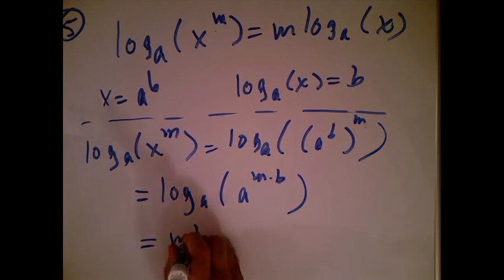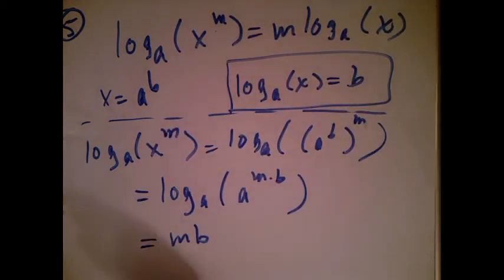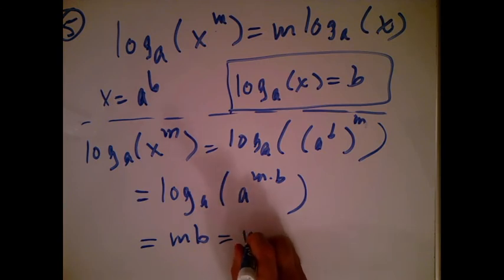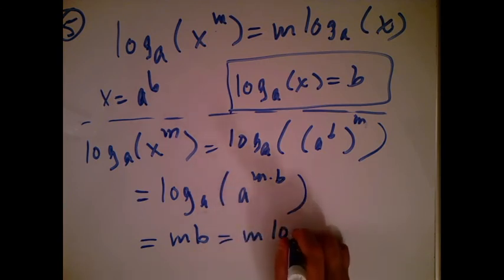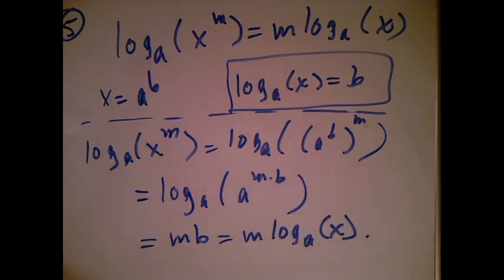So then I put the power. Yay! Well, why does that mean I'm done? Because b is the log base a of x. So I'm going to write down m times log base a of x, and that's the third property.